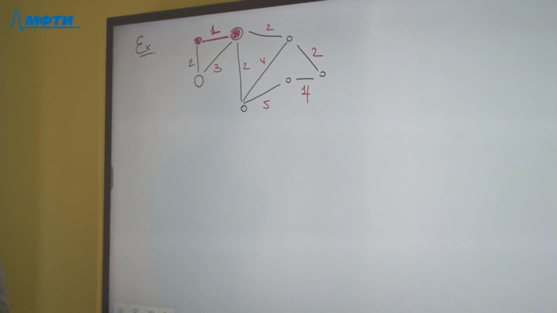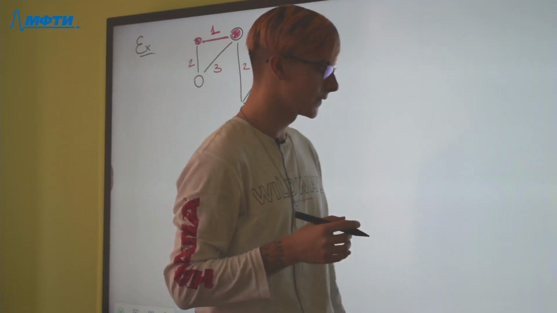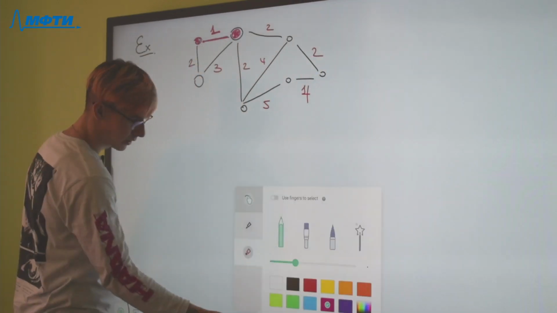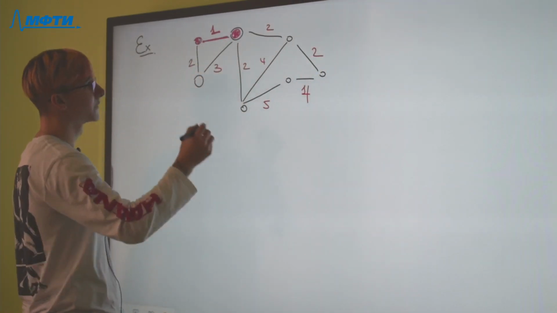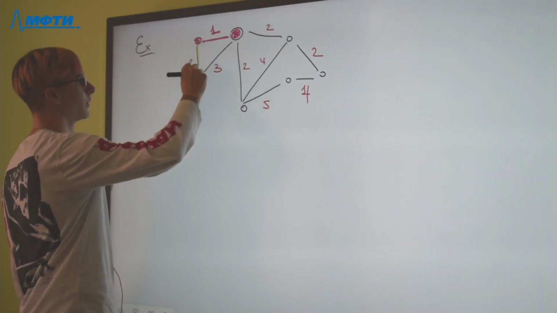And then suppose we find a minimal spanning tree without this edge, for example, I can emphasize it with green color.